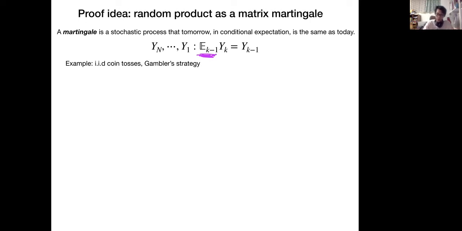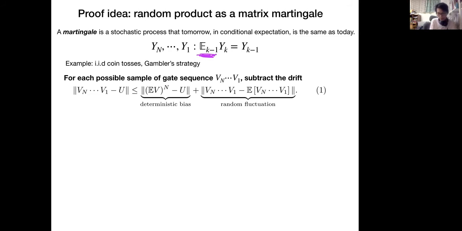How does that relate to our problem? In our problem, we're going to randomly sample a gate sequence V_1 to V_n, and compare it with the ideal evolution. It will help to subtract the drift, because it's just deterministic and doesn't really affect much.